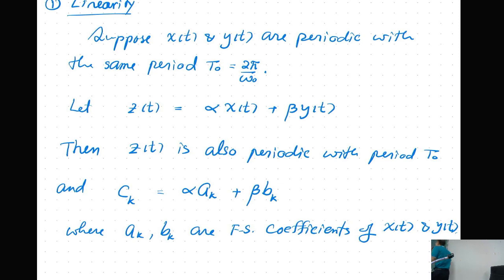So in other words, if you do a linear combination between x and y, then the Fourier series coefficients of z will be the same linear combination of the coefficients of x and y.